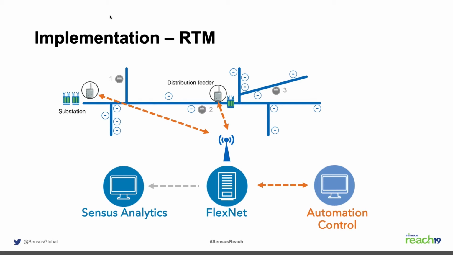You would get the data from the meters into Census Analytics, and then you'd be able to work within your SCADA system, manipulate your set points, and do the control remotely, so you're able to reduce your voltage in that fashion.